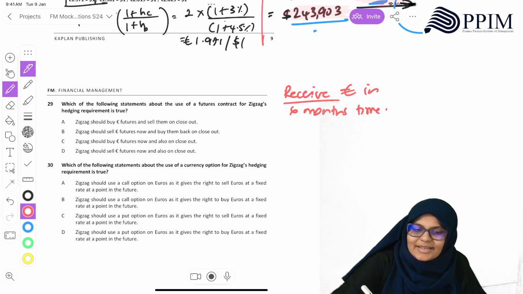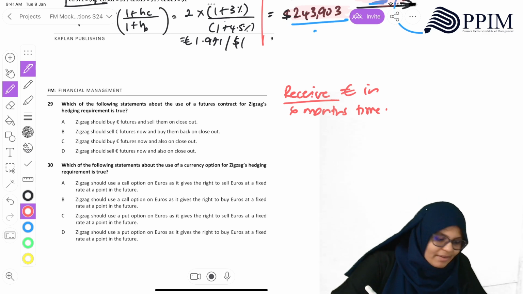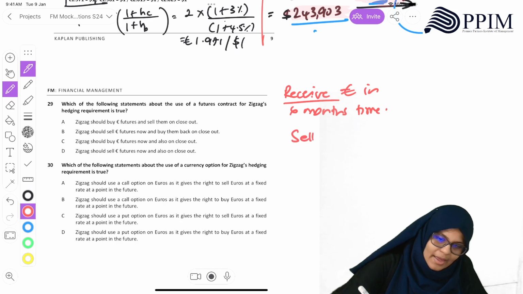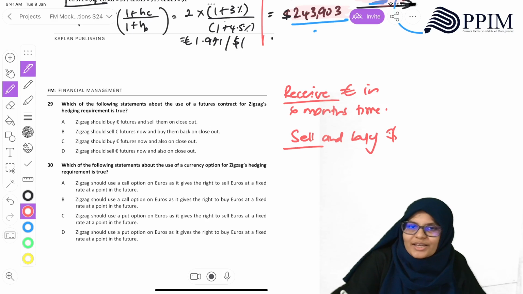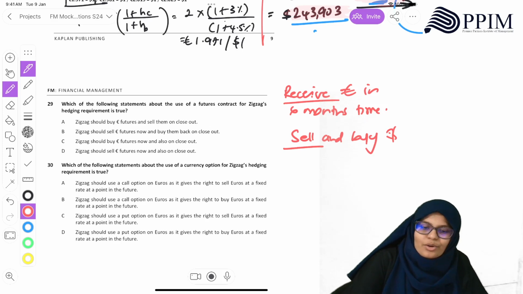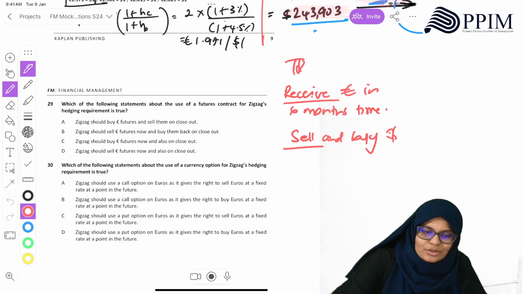Now, when they receive it, they don't need the euros because they are based in the UK, no? So what they will do is they will sell those euros and buy dollars, right? That is what will usually happen. Now this is the actual transaction.